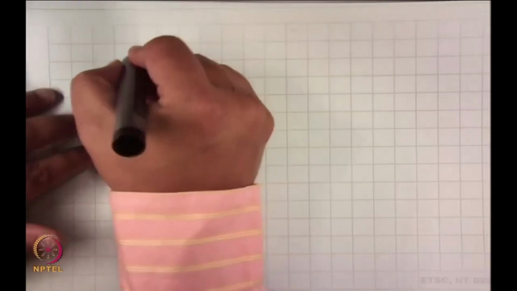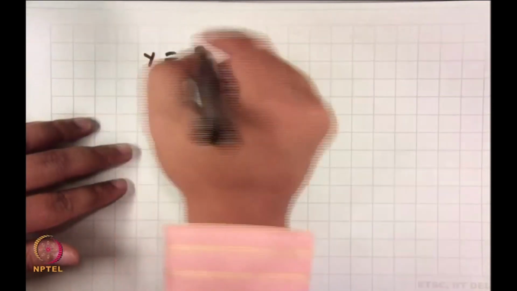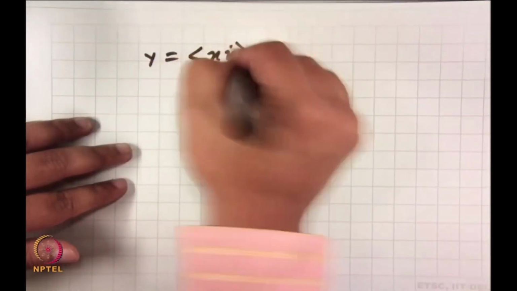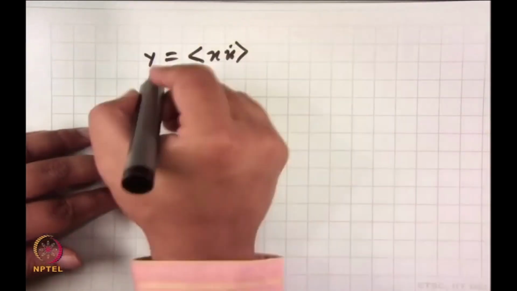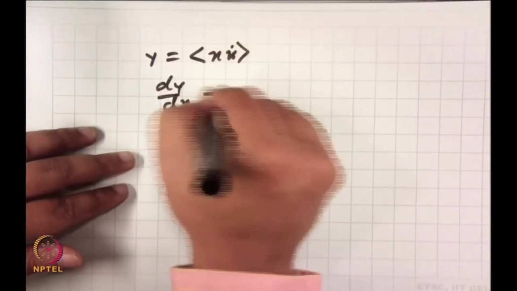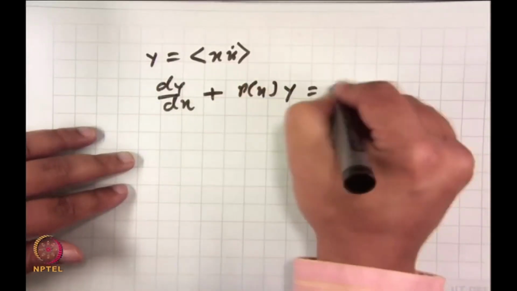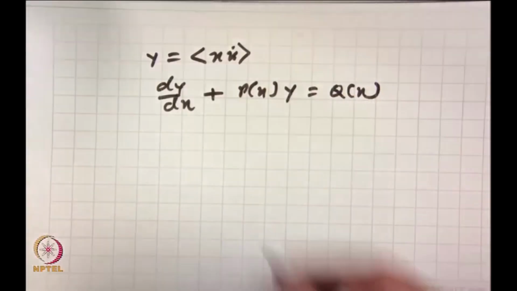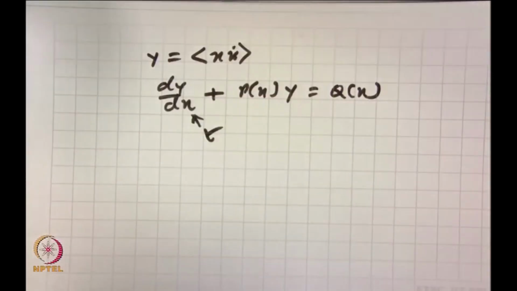If this is what the form is, what is I of x for me? So, now well, let us do this. What I do is I say y is equal to x x dot, and in my differential equation dy by dx plus p of x y is equal to q of x, I take this x to be t.